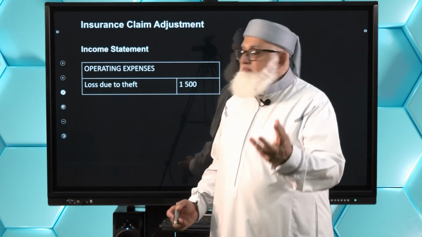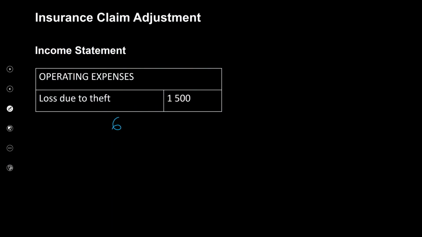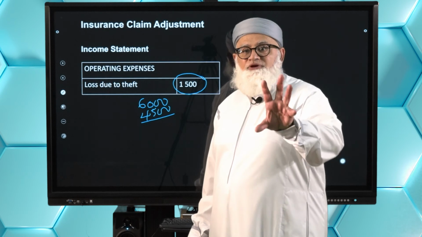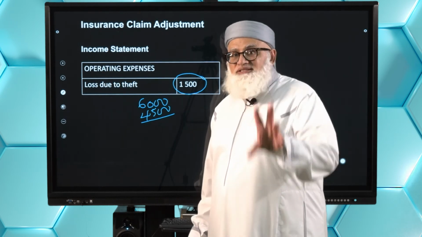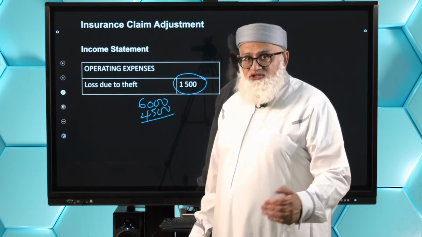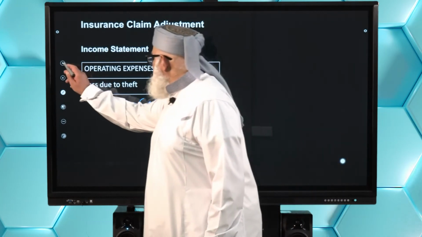Because the claim value was 6,000 Rand. The insurance company promised to pay the 4,500. So obviously we are going to lose an amount due to theft of 1,500. Again, read the question, see what information is given to you. Based on that, make the necessary adjustment.